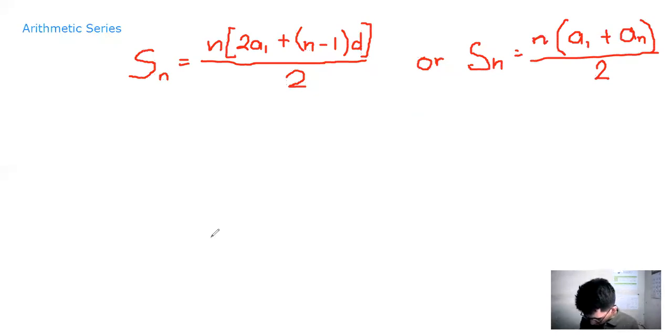So, we have here, first example, find the sum of 34 terms of the arithmetic sequence.